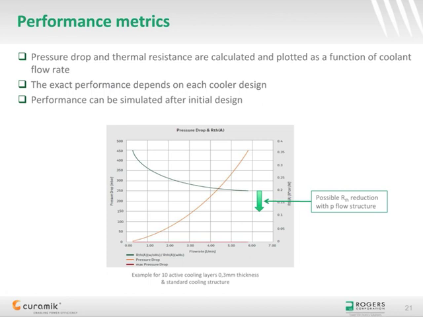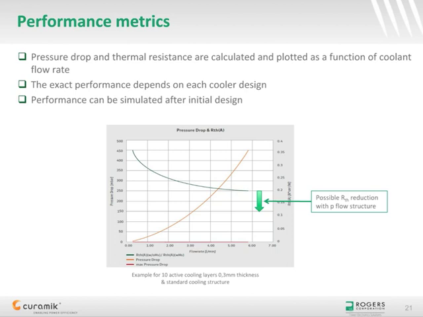As discussed in the previous slide, thermal resistance and pressure drop are two important characteristics for coolers. Both parameters are tightly linked together as they depend on the inner structure, on the water flow rate, and on the connections with the cooling circuit.